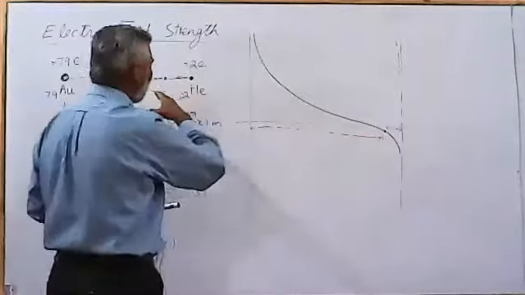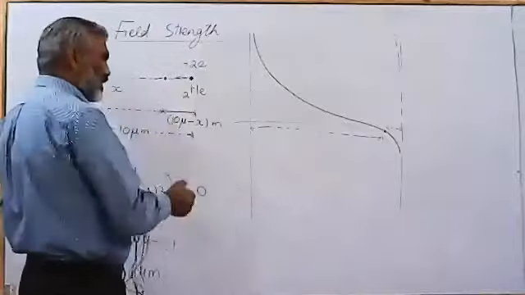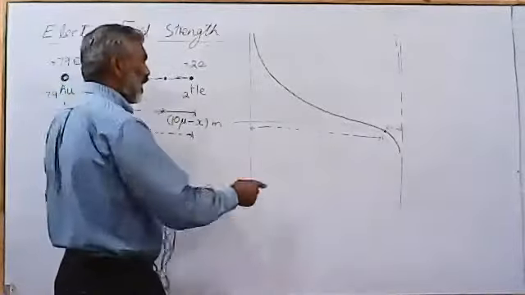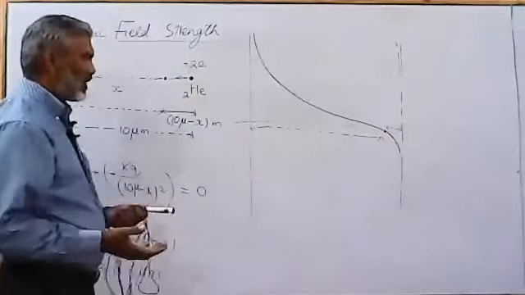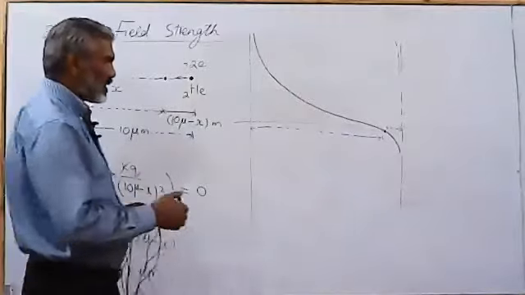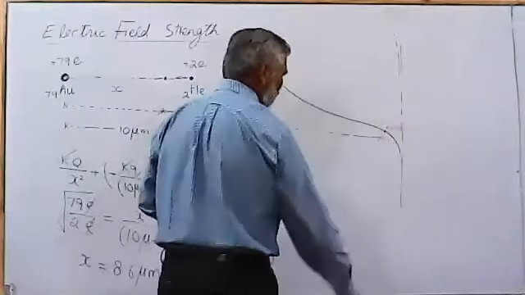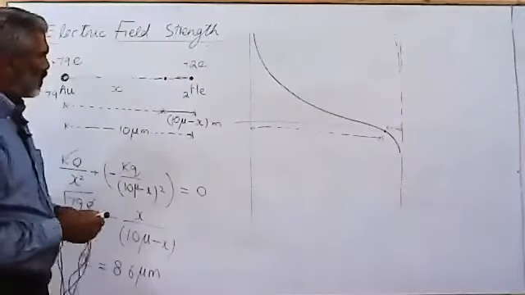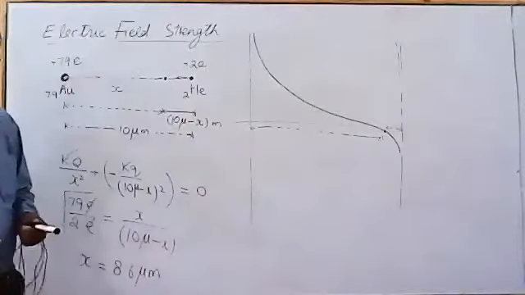And as we move further away from it, this field, which is opposite in direction, starts becoming significant, dominant, and that is why the curve goes to this side. And it can be easily seen that by the time we reach 10 micrometer, the field is very, very large, and that is entirely due to the alpha particle. So this is how the electric field varies.